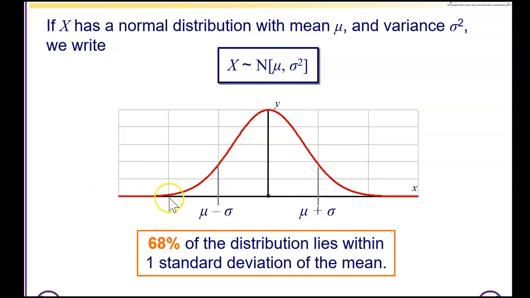Have a look now at this graph. If I go back two standard deviations, how would you describe this point here in terms of sigmas and mu's? Mu minus 2 sigma. Beautiful, Calissa. That is the mean minus 2 standard deviations. If I'm on my Z distribution, what point is that?